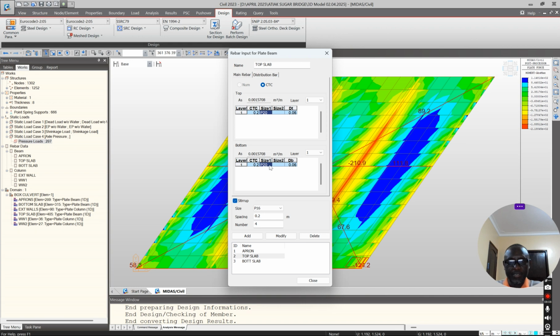Top slab, I can do this to 16, I can do this to 16. This one 2016. Then okay, this one modify, and then distribution I can put 12, and then because this is now how you can do your optimization and you detail it properly.